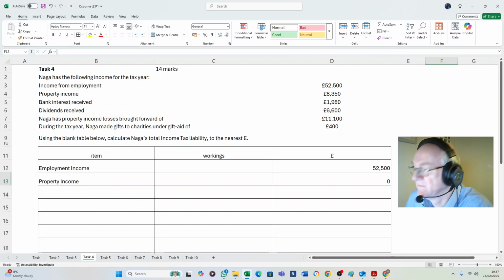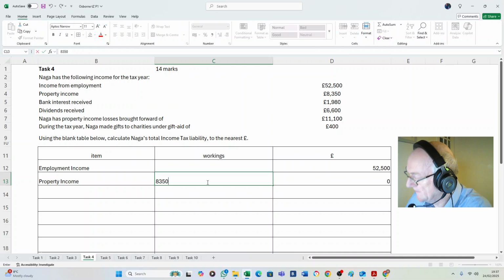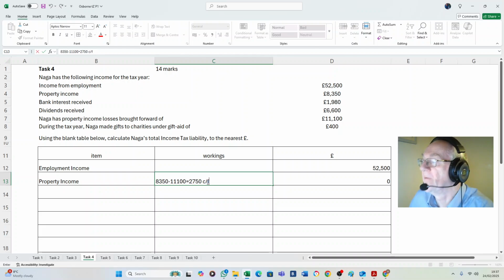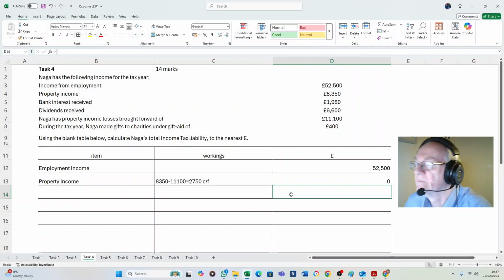So worth a mark. However, you're going to get brownie points if you show that 8350 minus 11100 equals 2750 to be carried forward, because you're explaining what you've done. If you missed it or got it the wrong way round, the examiner could see what you've done wrong. You'd only lose a mark for that.